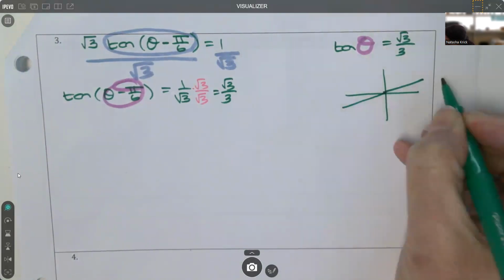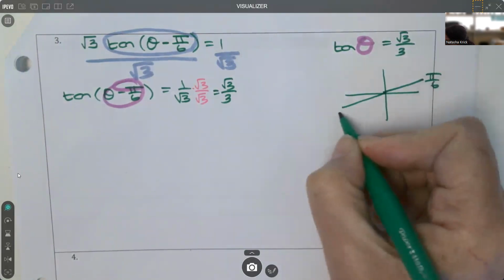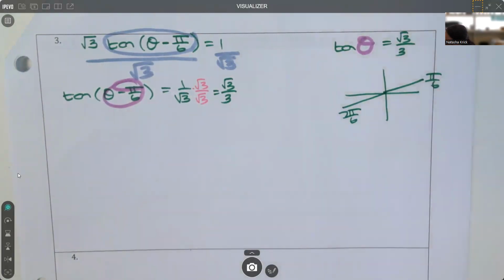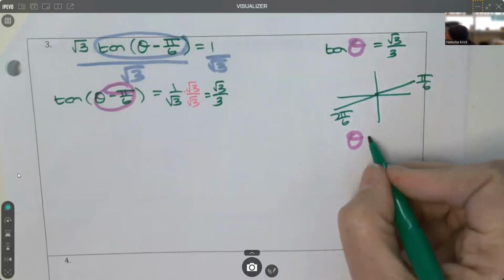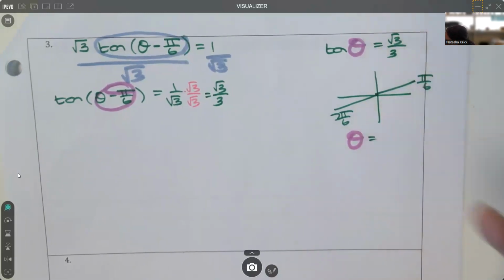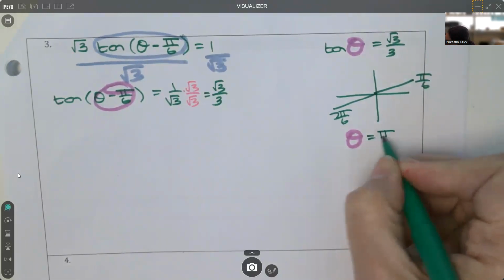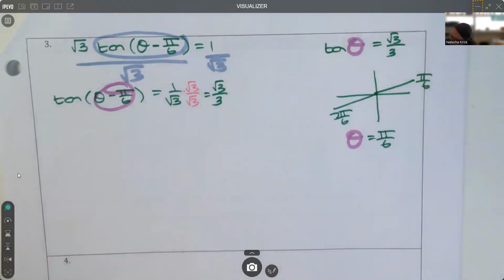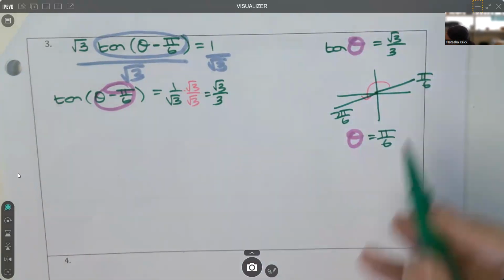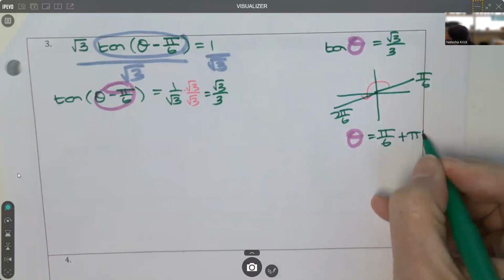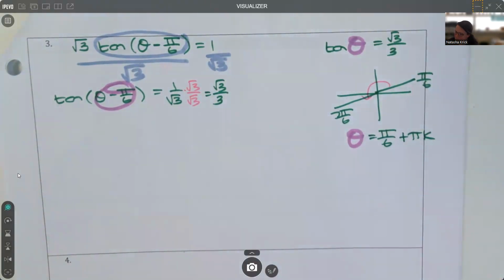And so it's going to be pi over 6 and 7 pi over 6. And so my theta here, my big giant purple theta, would be equal to pi over 6. And then again, we're just going from pi over 6 to 7 pi over 6. We just need to add pi. So I can just write plus pi k. I don't need to write it out twice.